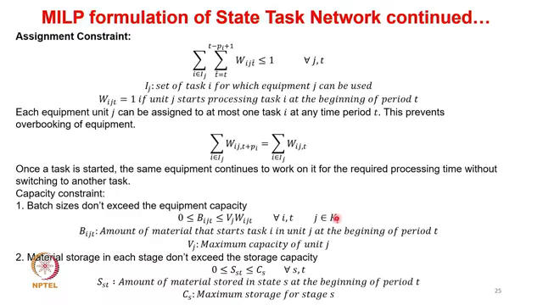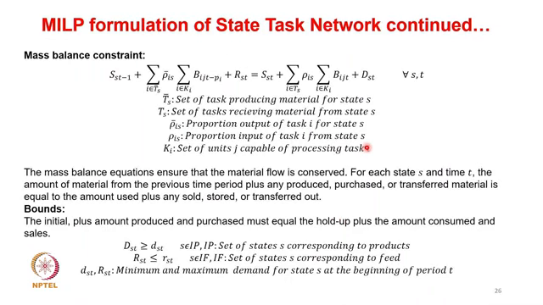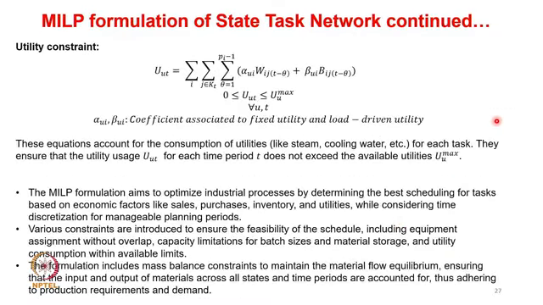There are bounds on capacity, batch sizes, material storage, material balance constraint, bounds on total amounts produced plus purchased, and also on the utility. These are all the constraints, everything written as a linear function.